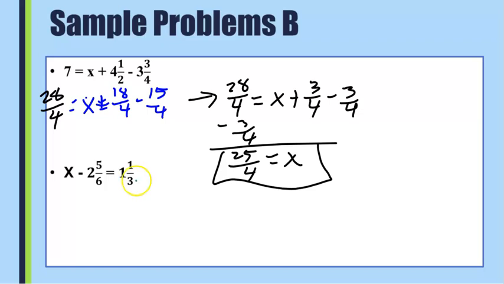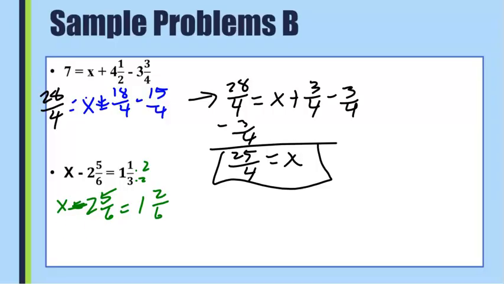Here I'm going to multiply this by 2/2, so now I have x, and this would be 2 5/6. This should be a minus, equaling 1 2/6.